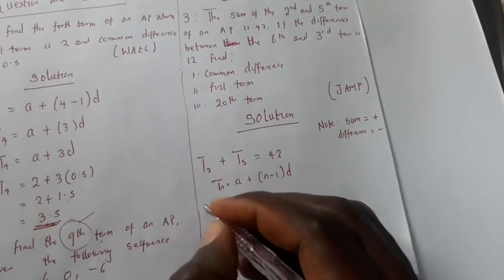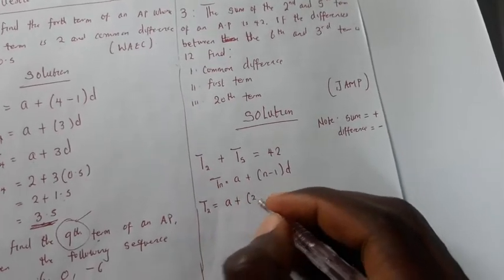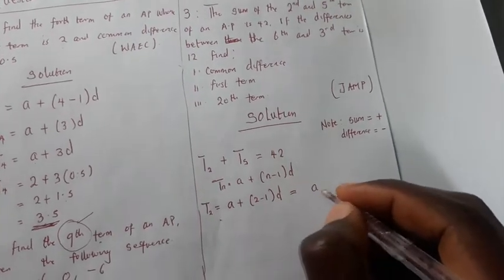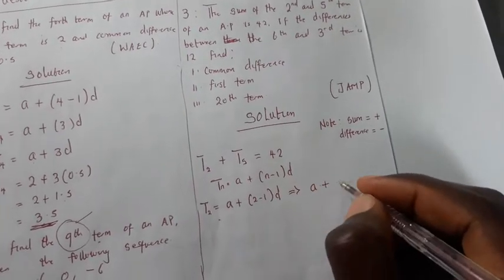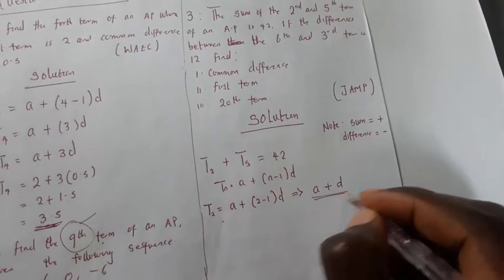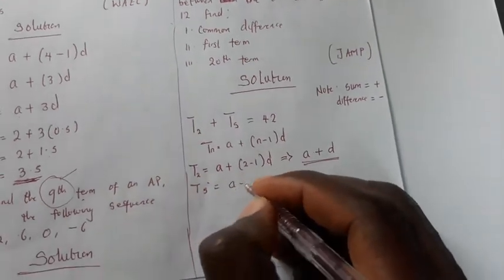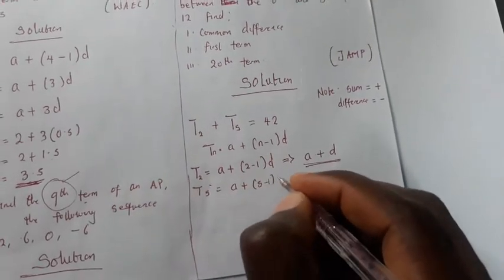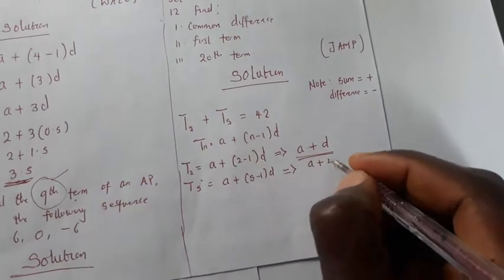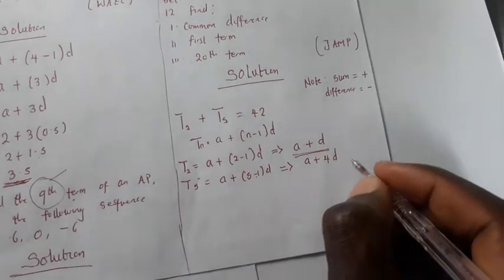T2 is equals to A plus 2 minus 1D, which is equivalent to A plus D. This is the T2. T5 is equal to A plus 5 minus 1D, which is equivalent to A plus 4D. 5 minus 1, 4. 4 times D, 4D.